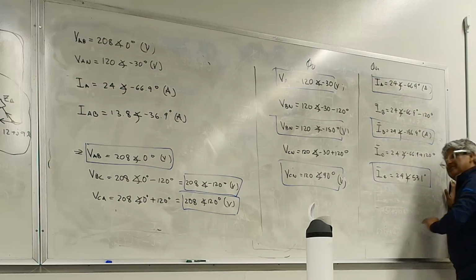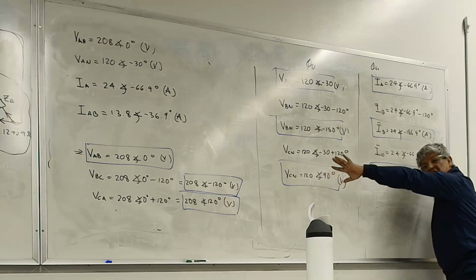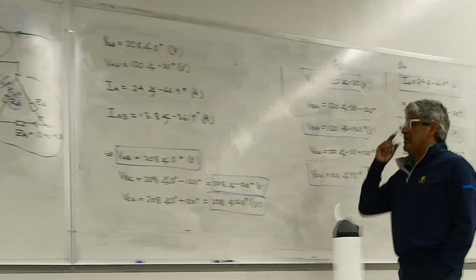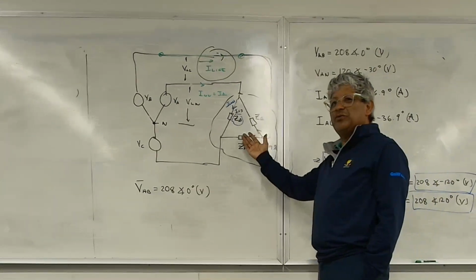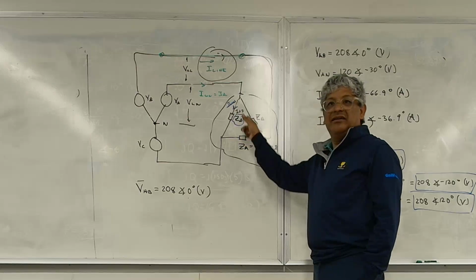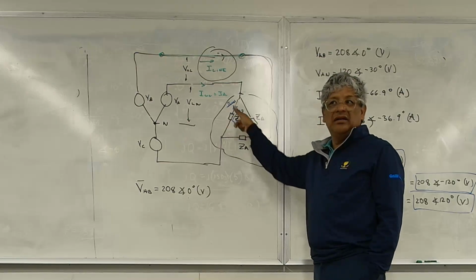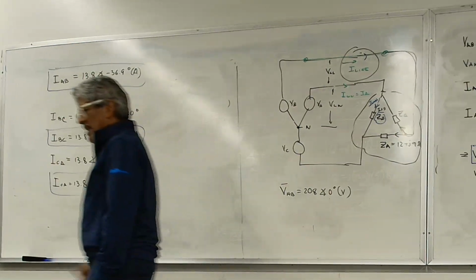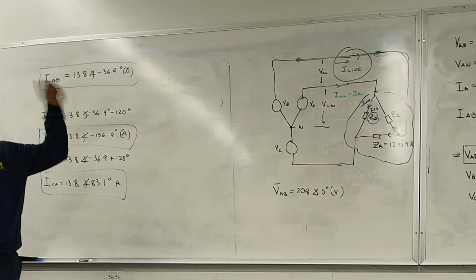If it's a Y configuration, that current flows through that neutral. And in the delta, the current circulates here. The current circulates in the delta. Okay? So that's the case. But that's beyond this.